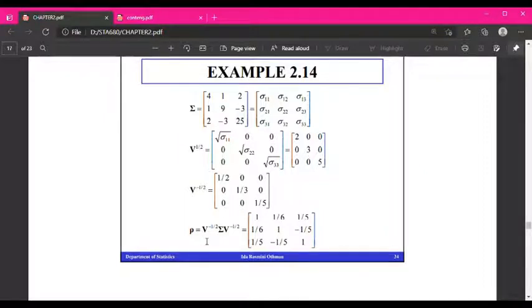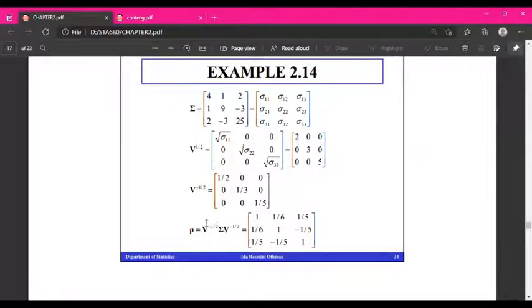But to find the correlation matrix, we need the inverse of the standard deviation matrix, which is V to the power of negative 1 over 2. So how to get that? It is 1 over square root of the variance ataupun 1 over the standard deviation. So because of that, here kita ada 1 over 2, 1 over 3, 1 over 5 here.